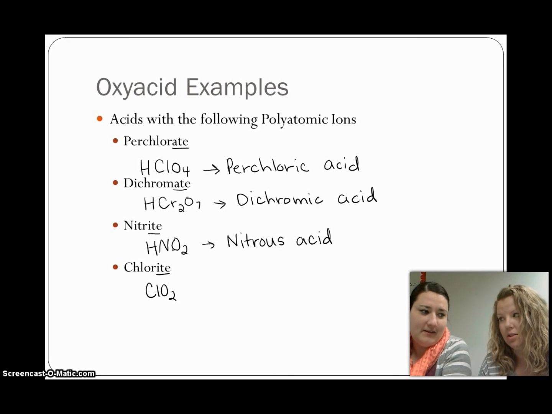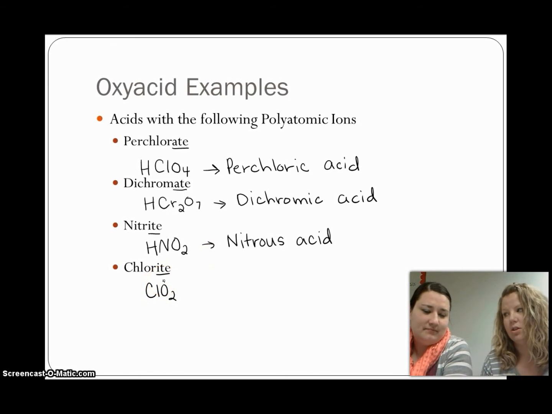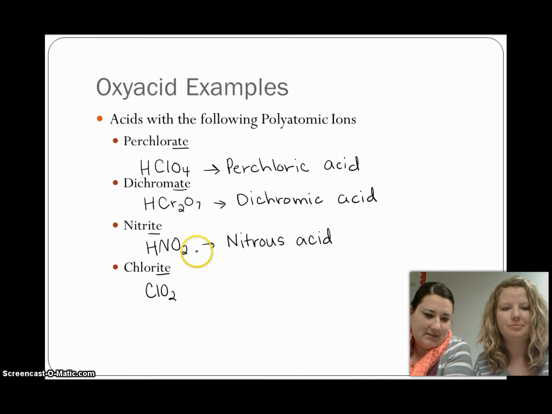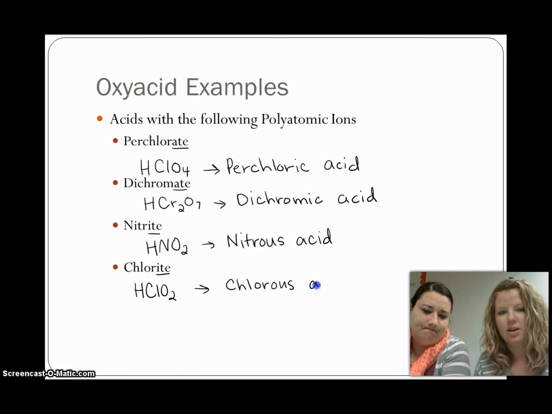Hydro refers to something without oxygen, and hypo means there's one oxygen in the chlorine polyatomic ion. So this is chlorite. Its charge is -1. So now we're going to have chlor, and since it's ite, we're going to change it to ous acid.